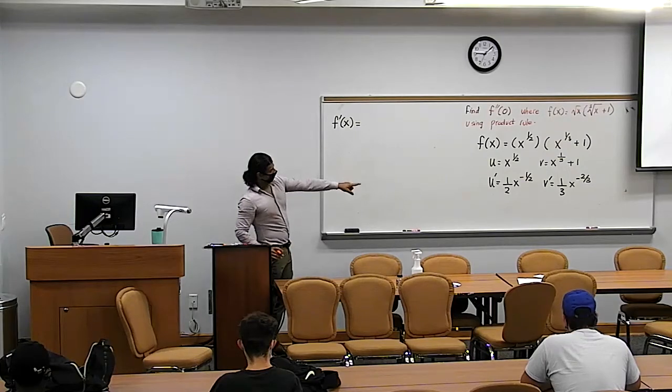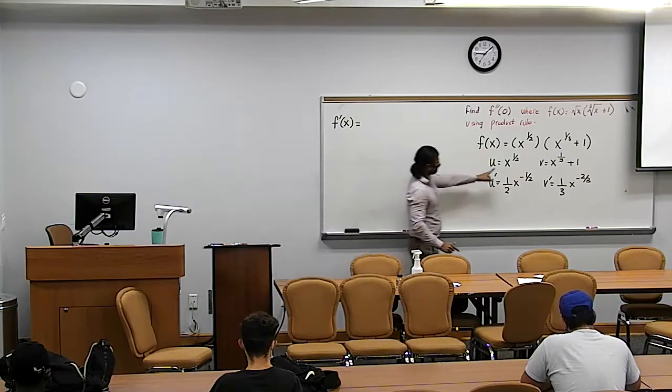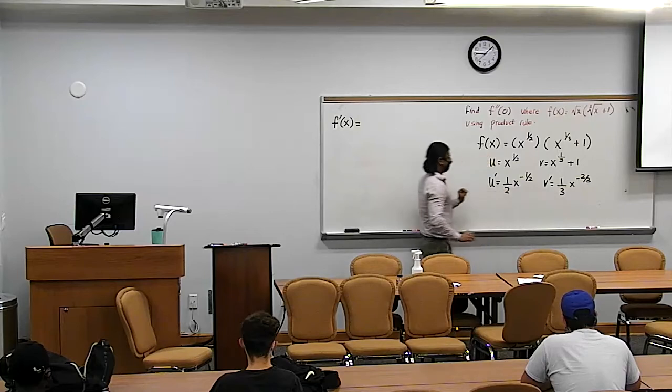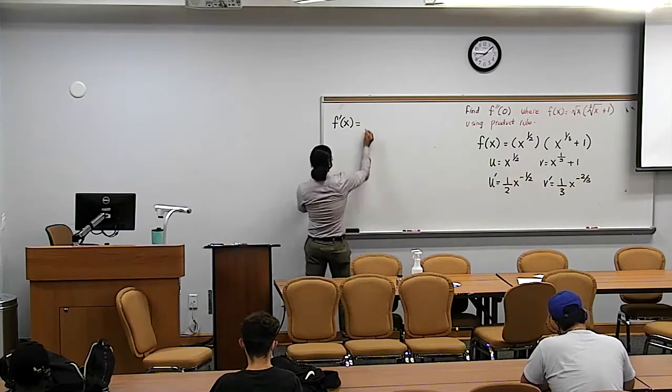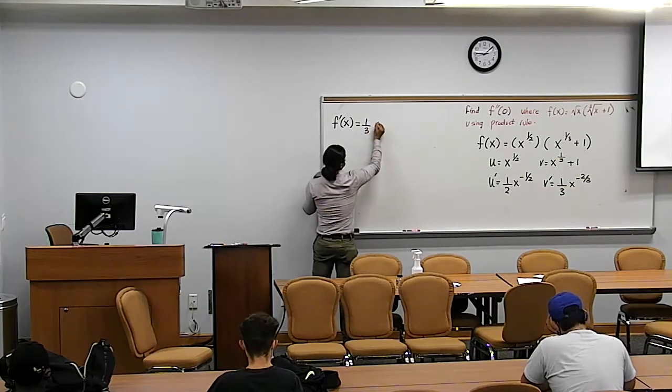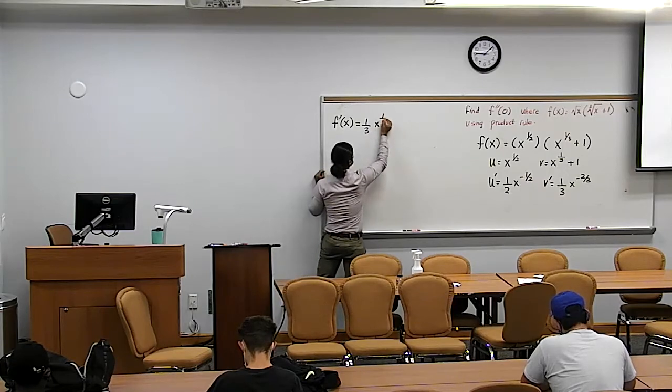U v prime, so x raised to 1/2 multiplied by 1/3 x raised to negative 2/3.